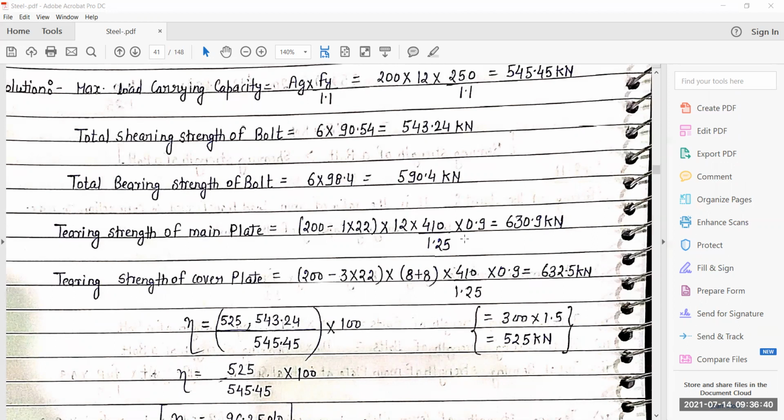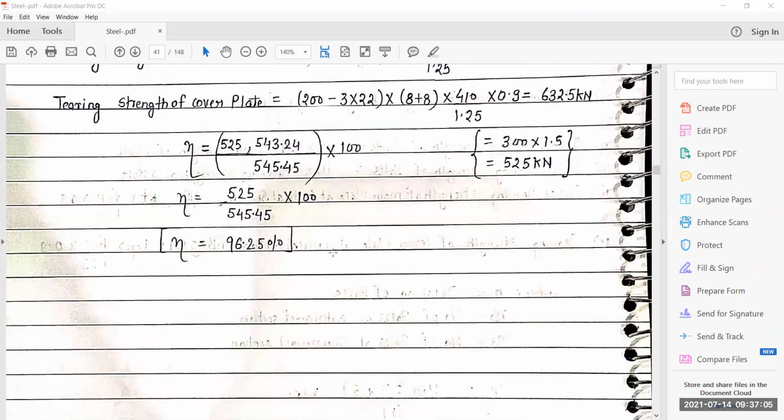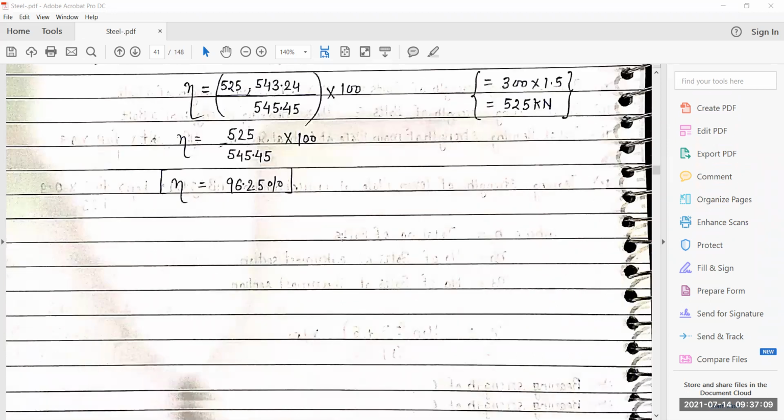And then the tearing strength of the cover plate, 200 minus 3 into 22, into 8 plus 8 into 410 upon 1.25 into 0.9, equal to 632.5 kilonewton. But the governing strength is 543.24 upon 545.45 kilonewton. Then you finally get the result of 96.25 percent.